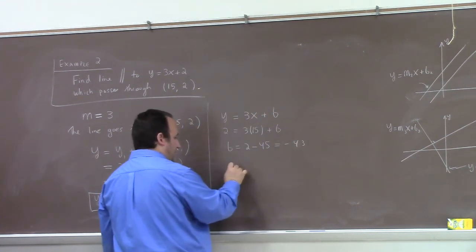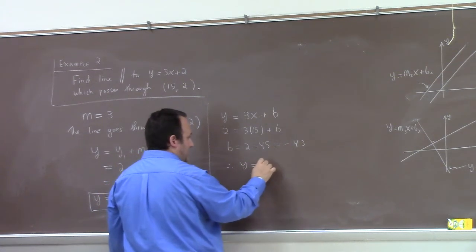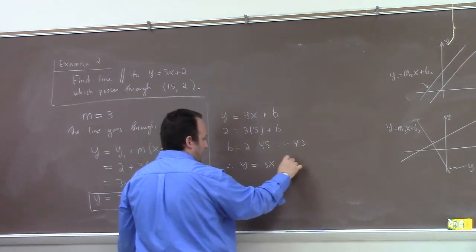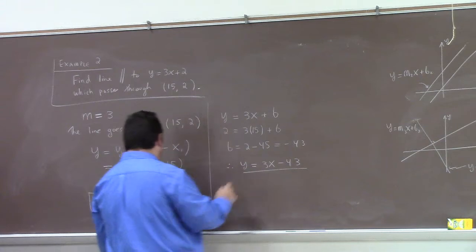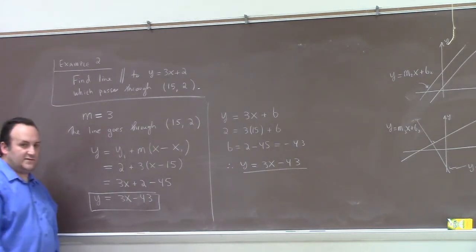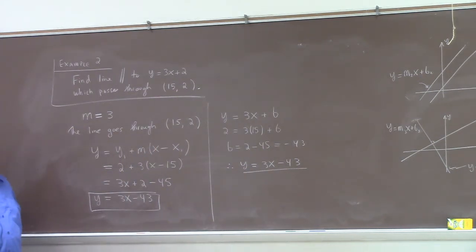So therefore, y is equal to 3x minus 43. That's the other way that a lot of people teach students how to do this kind of problem. You can use slope-intercept as your basic idea of what a line is, and always go back to that and plug things into it if you want.